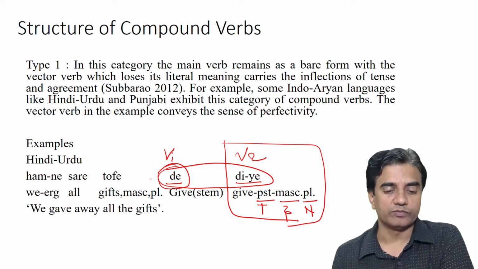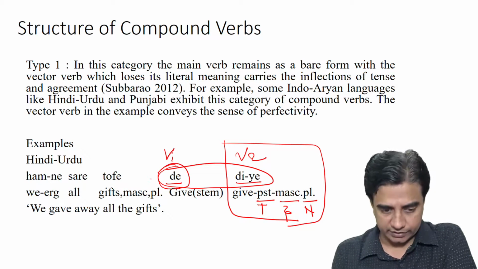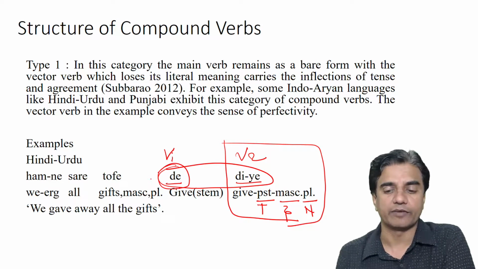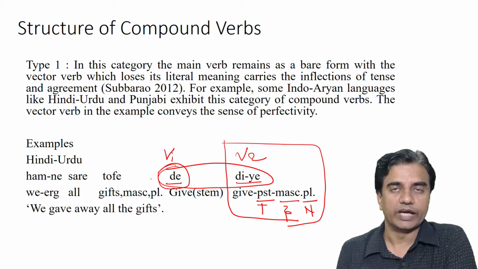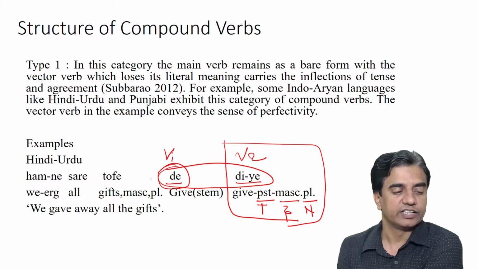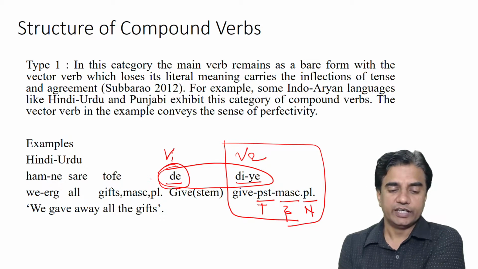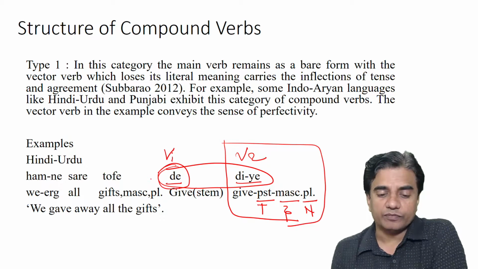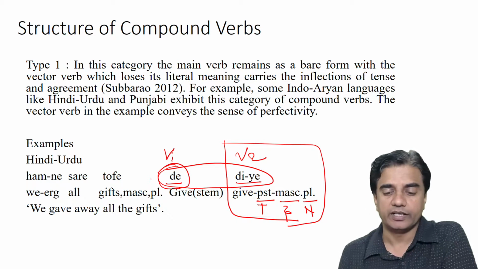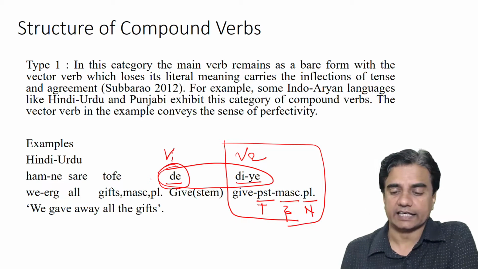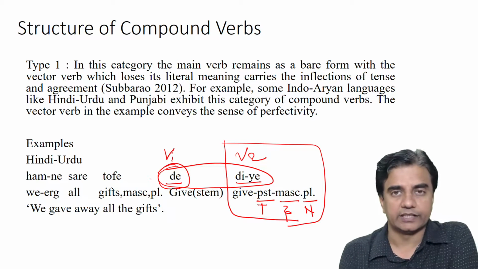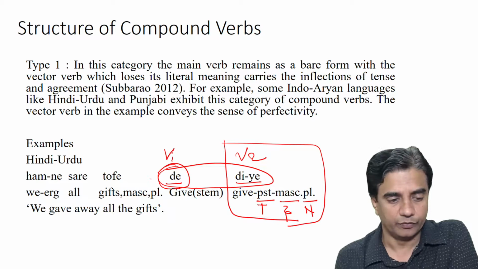So it's a type 1 verb, one type of complex predicate where the main verb remains in a bare form with a vector verb, where the vector verb loses its literal meaning but carries inflection such as tense and agreement. In some Indo-Aryan languages like Hindi, Urdu and Punjabi, we find this category, and I have discussed the example with you.